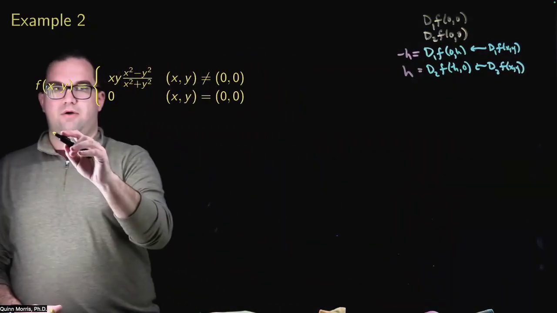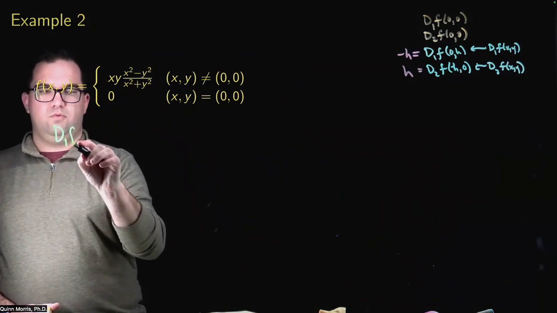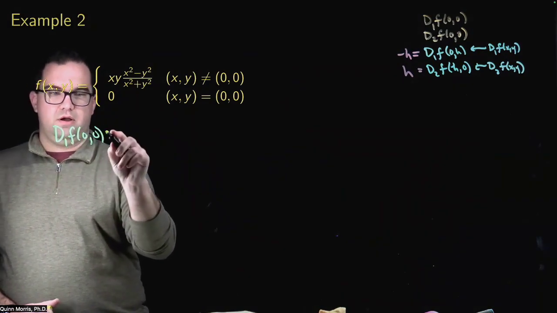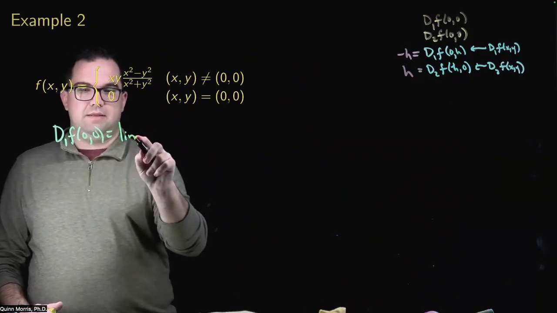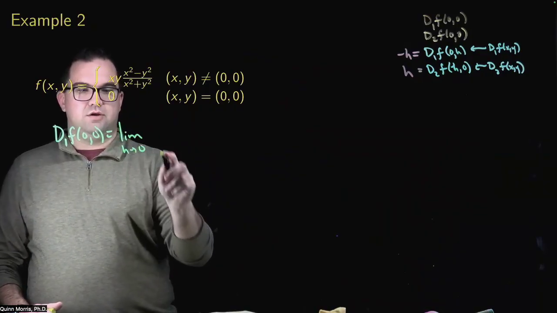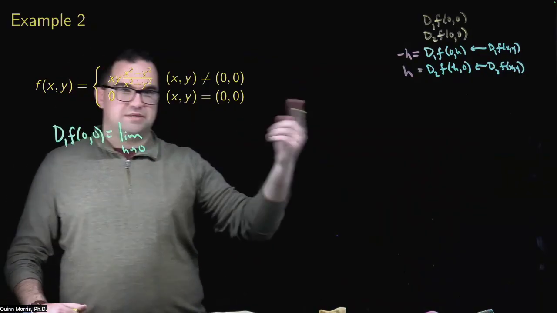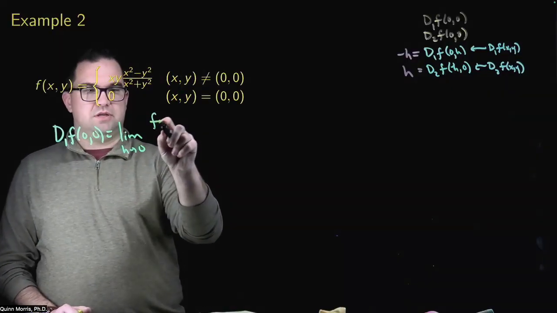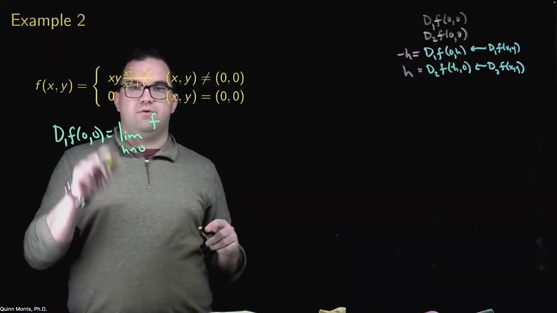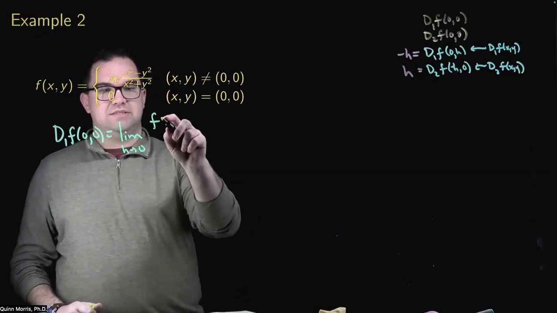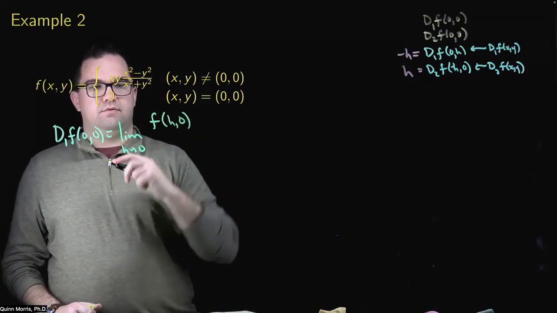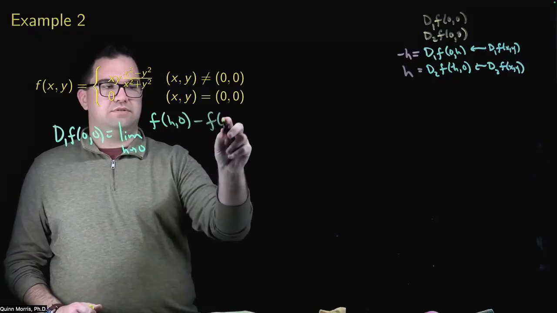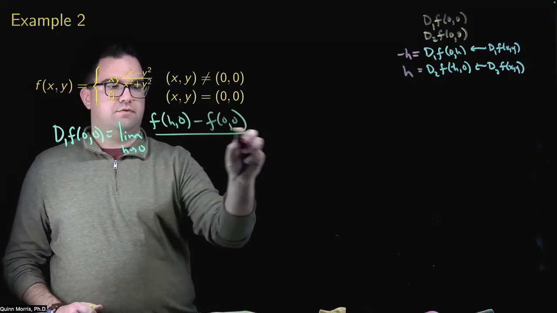So if I want to calculate d1 f of 0, 0, well, what is that? That's the limit as h goes to 0. I'm going to do a similar thing to what I did before. So this is going to be f of (0, 0) plus h times (1, 0), minus f of 0, 0, all over h.